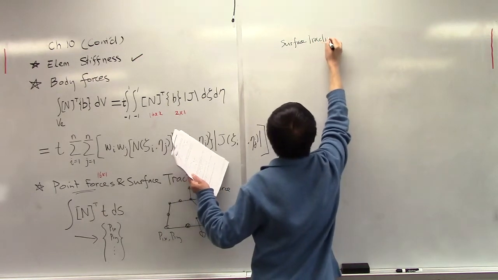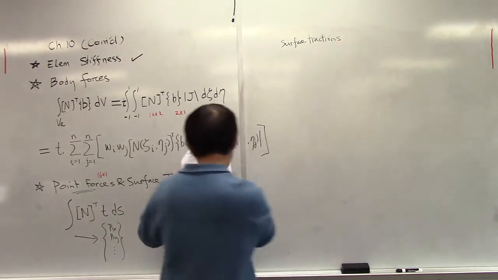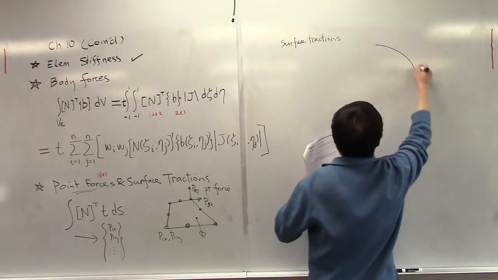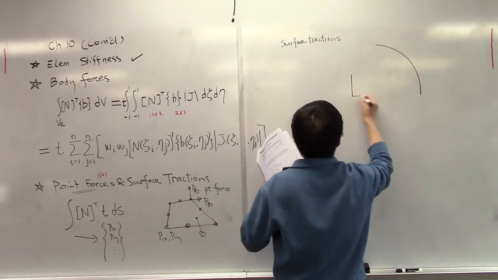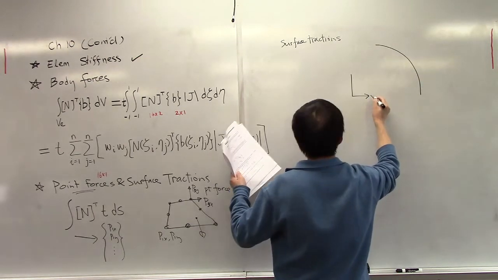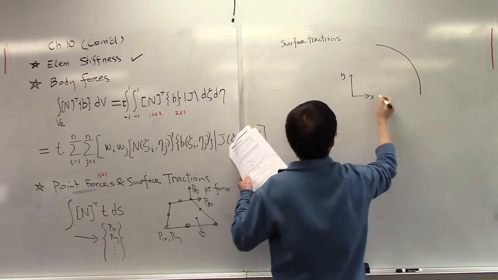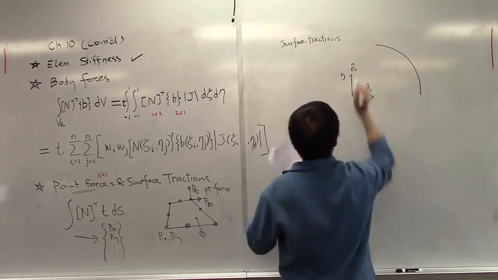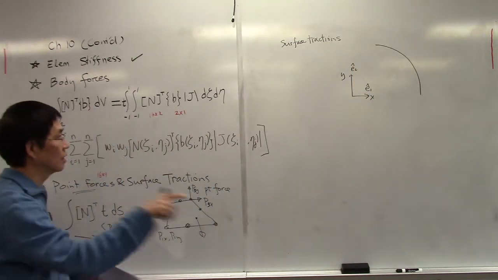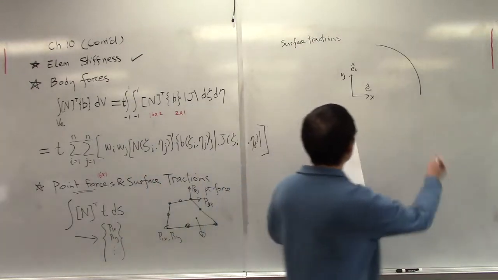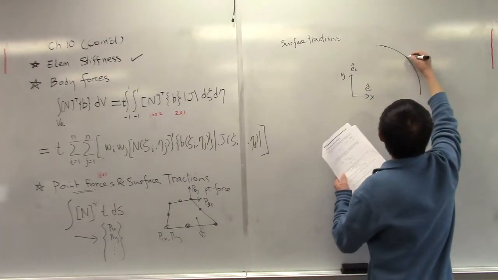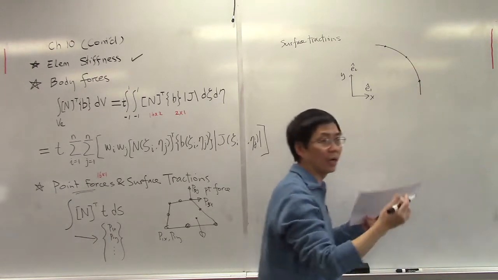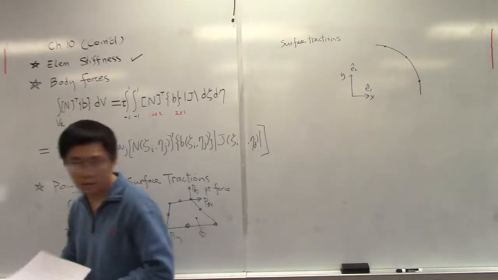What about surface? Real surface tractions this time. And the formulation is a little bit more involved. Let's say this is the boundary. We assume this is x direction. This is y direction. The unit vector is E1 in this way, E2 in this way. Okay, these are the unit vectors pointing in x and y directions respectively. And these are the 3 nodes on an element. Let's say this is the element.